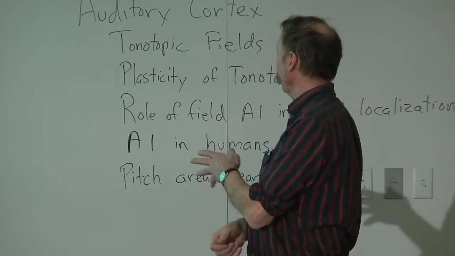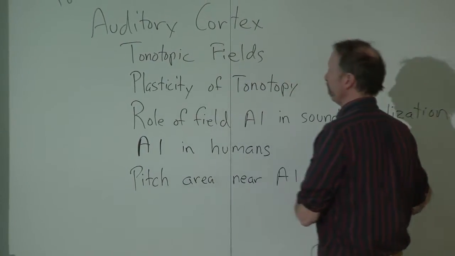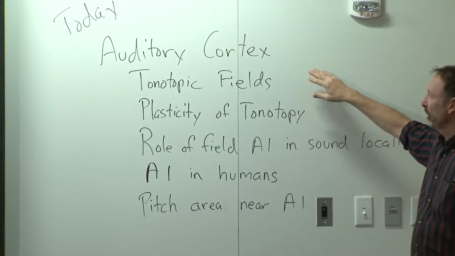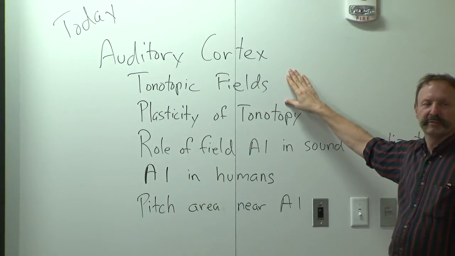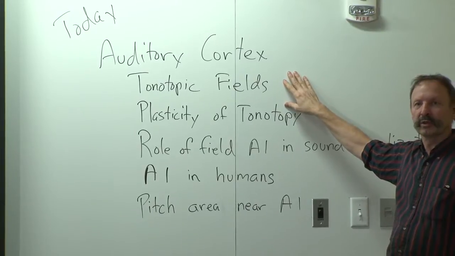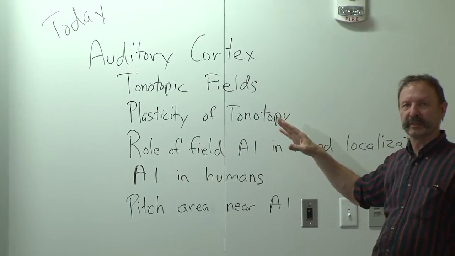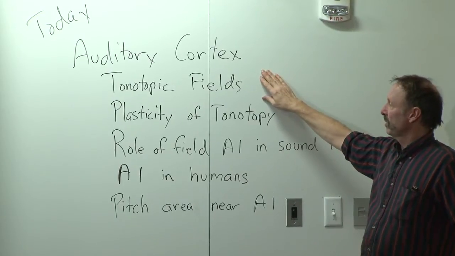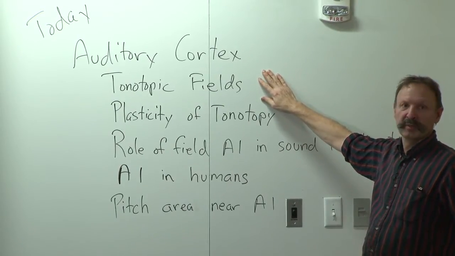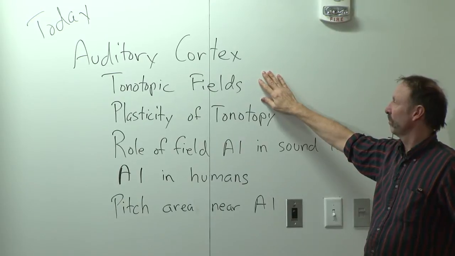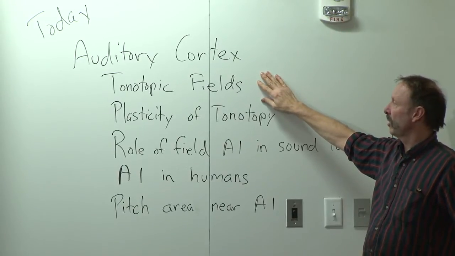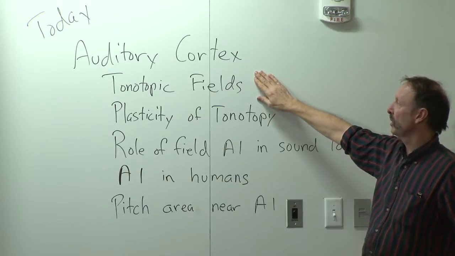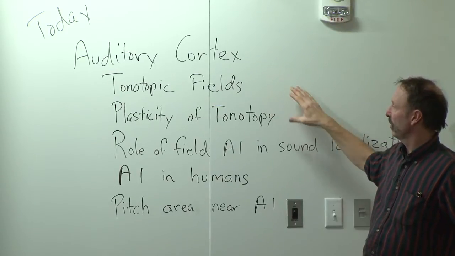So today, we're going to be talking mainly about the auditory cortex and how it has a number of fields in the cortex. Usually you talk about fields rather than nuclei. And these fields are tonotopically organized. At least several of them are, and some of them aren't, but we'll be emphasizing the tonotopic ones.